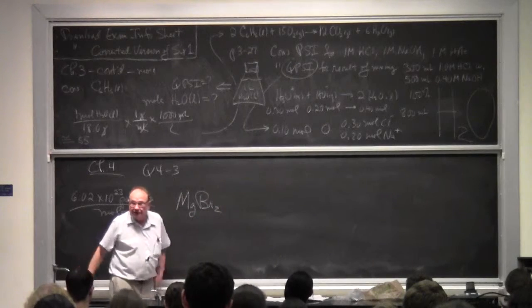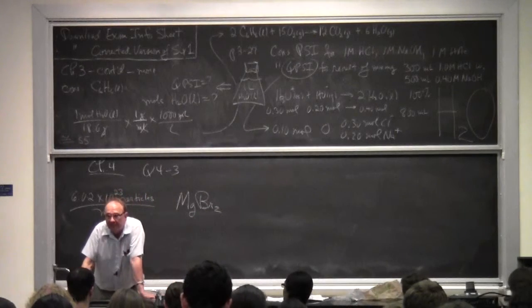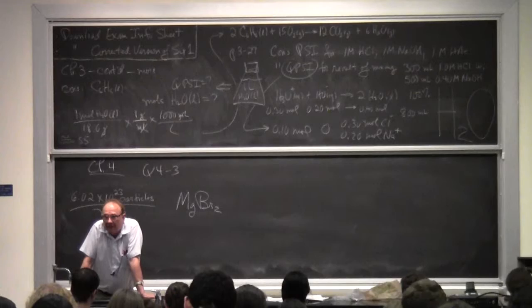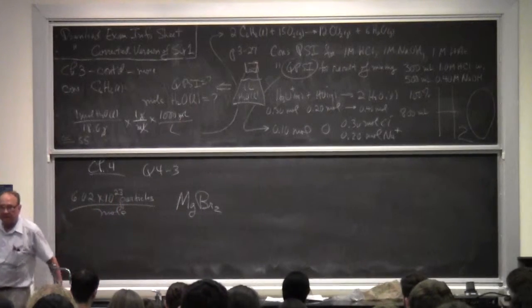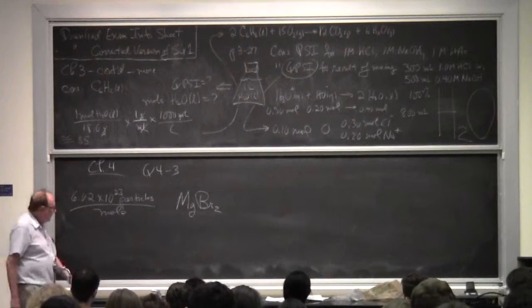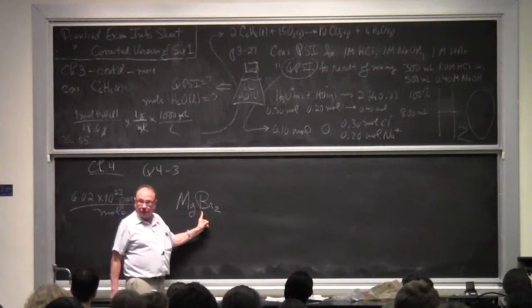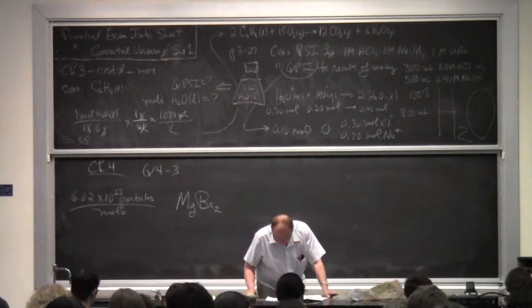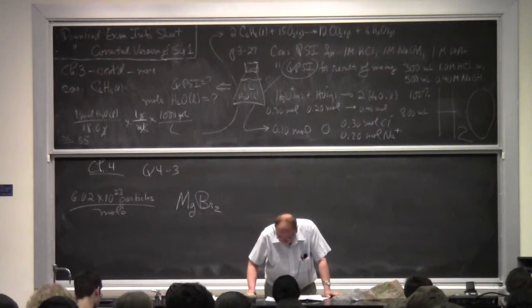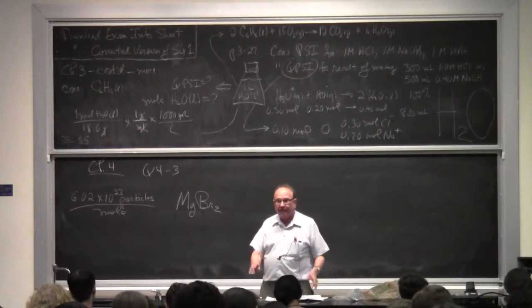How many moles of particles in this mole? 3! 1 mole of these ions and 2 moles of those ions. Okay? 4.4 grams of carbon dioxide we'll do next time.